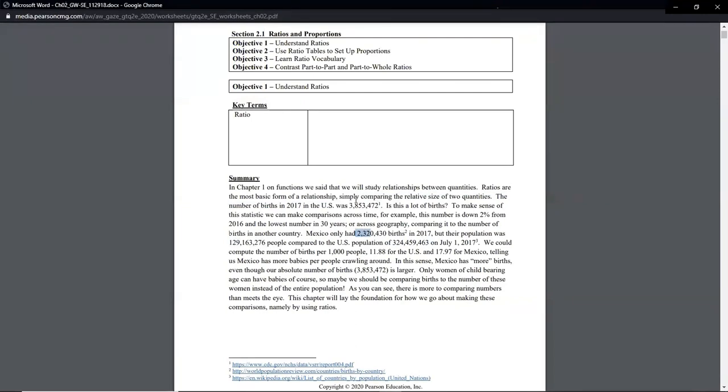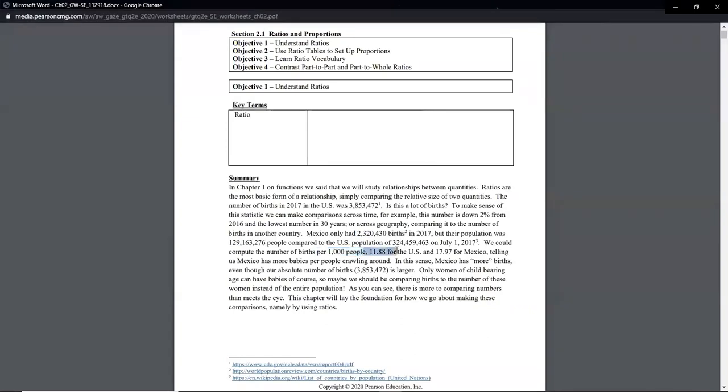So this isn't really a proportional relationship when you wanted to just say, you know, US to Mexico versus their birth rates. When you look at them as singular proportions, the US alone and Mexico alone, you can see that there's 11.88 births per 1,000 people. So this is a very common type of proportion where they compare it to a per 100 people or per 1,000 people, as we will see moving forward.